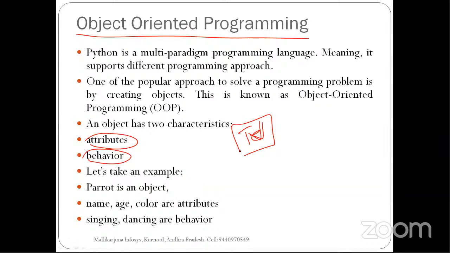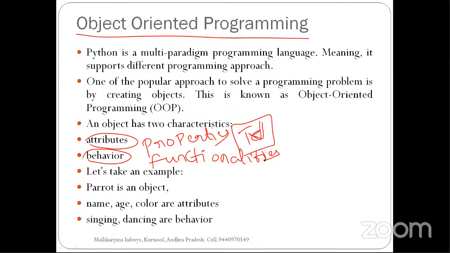In general terms, we call them properties and functionalities. When you observe any object, we can find these two things.